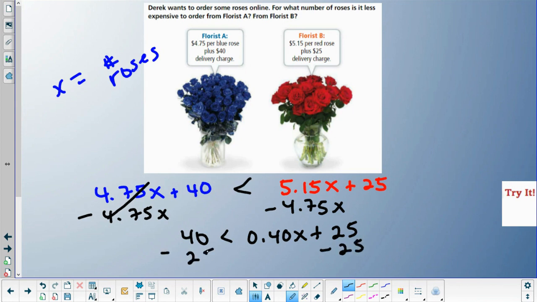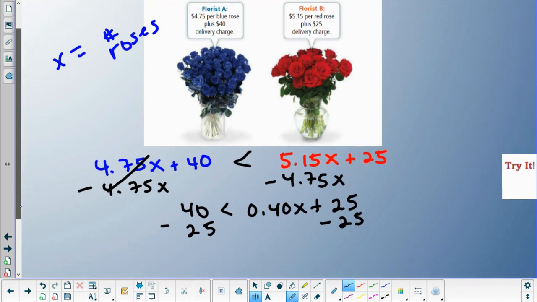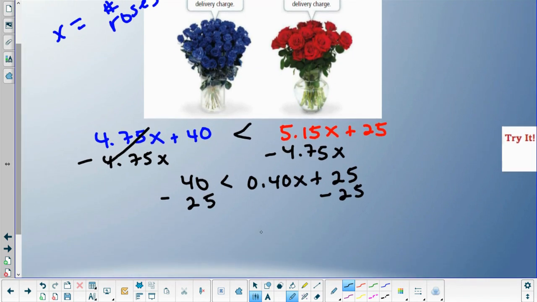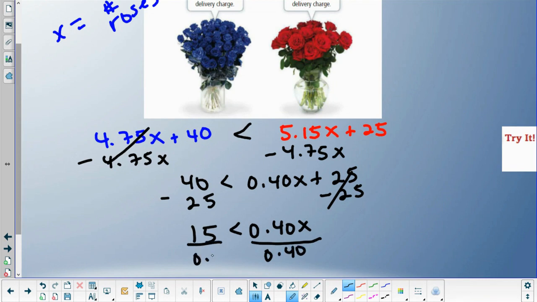Let me scroll down a little bit. 40 minus 25 gives us 15, and we have our 40 cents x over here. Our last step is to divide by the coefficient. And we get 37.5 is less than x.